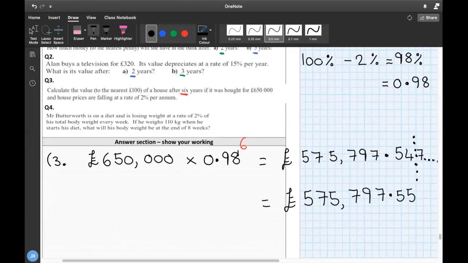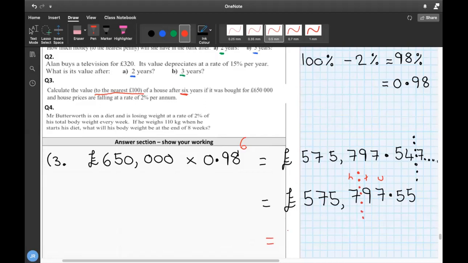However, if we have a look at this part of the question, we haven't just been asked to round it to a monetary amount, we've been asked to round it to the nearest 100. So we think about it, I've got my units here, my tens here, my hundreds are here. So actually, I'm going to need to round this down here.